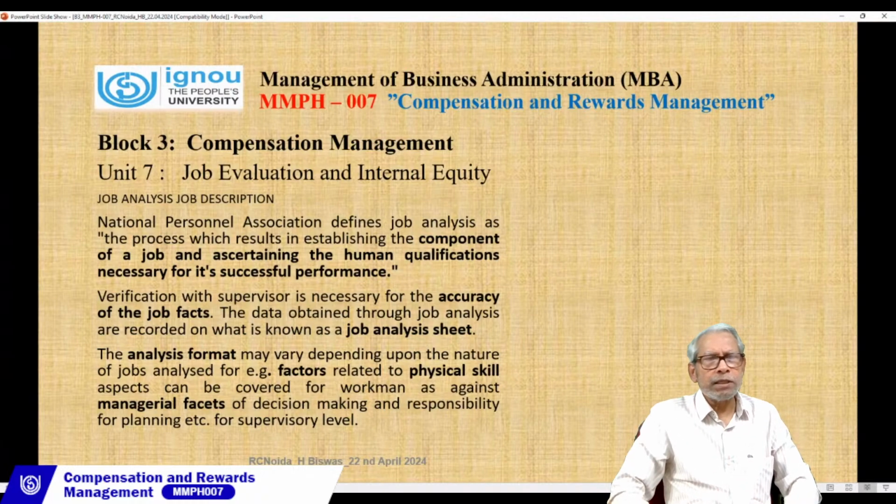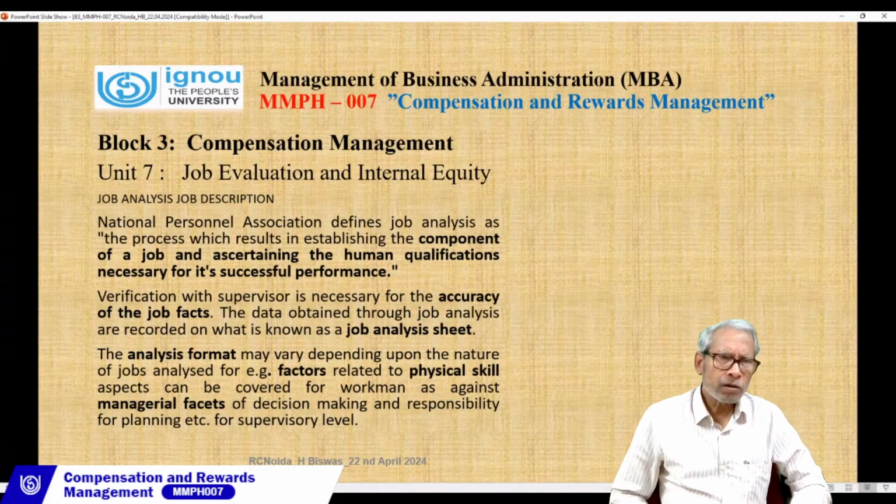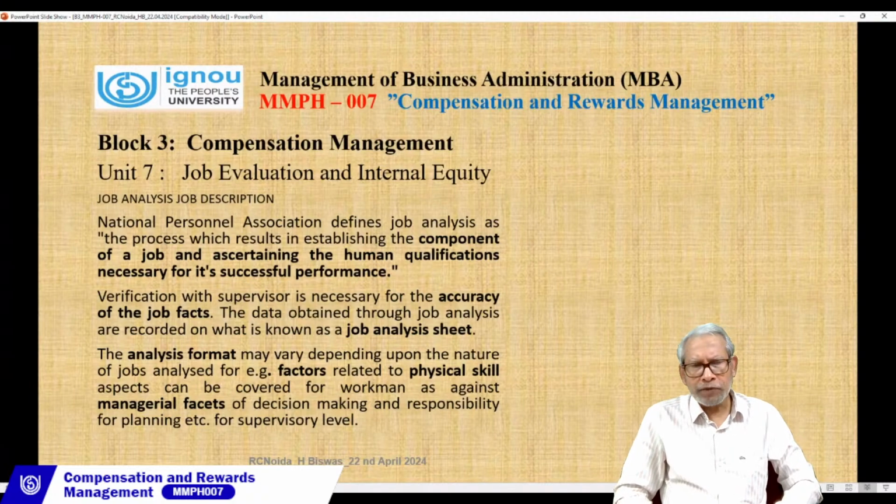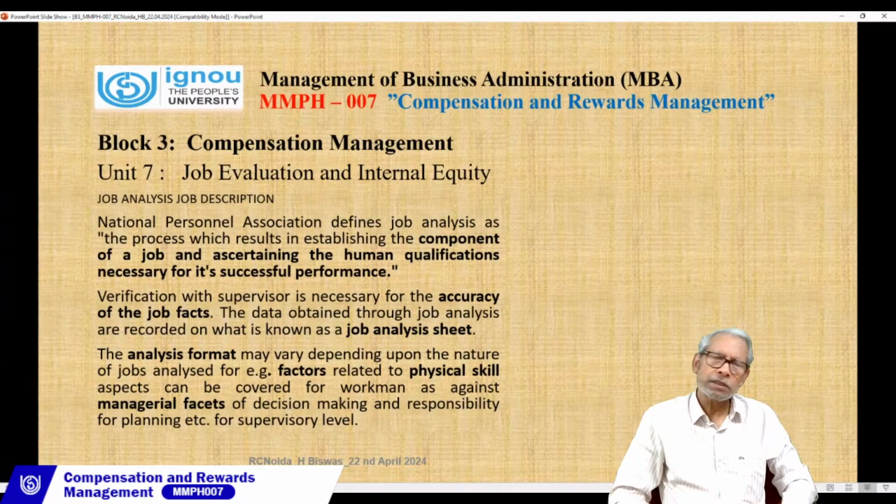For that, the accuracy should be there. The job facts, the data obtained through job analysis, because this is a survey process, should be recorded. What data are obtained should be recorded, and this is normally called the data analysis sheet.